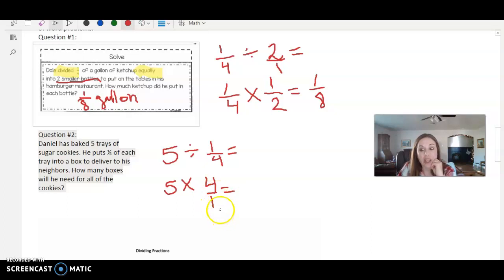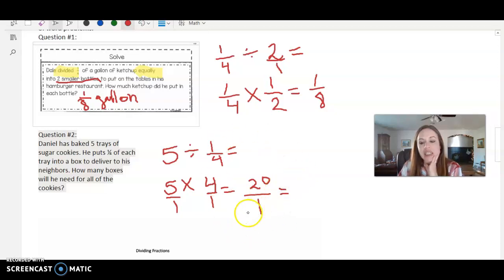What is 4 over 1 the same as? 4. So we can just say 5 times 4, or we can turn them both into fractions. 5 times 4 is 20. 1 times 1 is 1. Are we going to keep it this way?